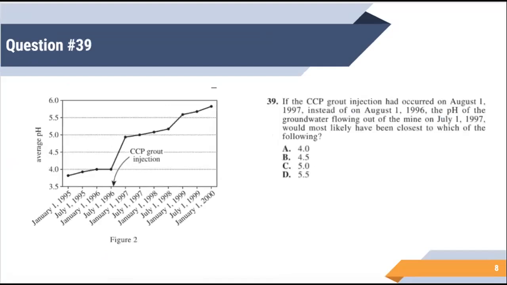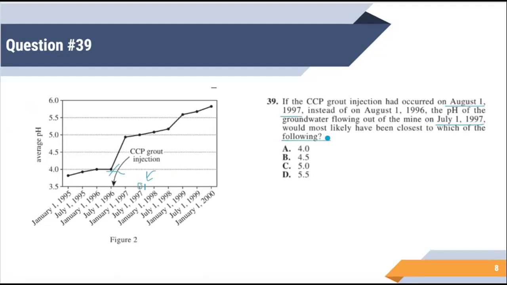Number 39 asks, if the CCP grout injection had occurred on August 1st of 97, so if it had been a little bit later, if we'd moved that CCP grout over here instead, the pH of the water flowing out of the mine on July 1st, so before we injected it right here, would have been closest to which of the following?